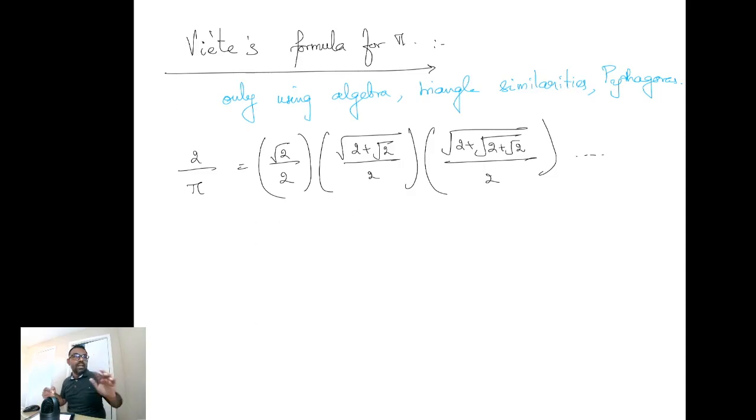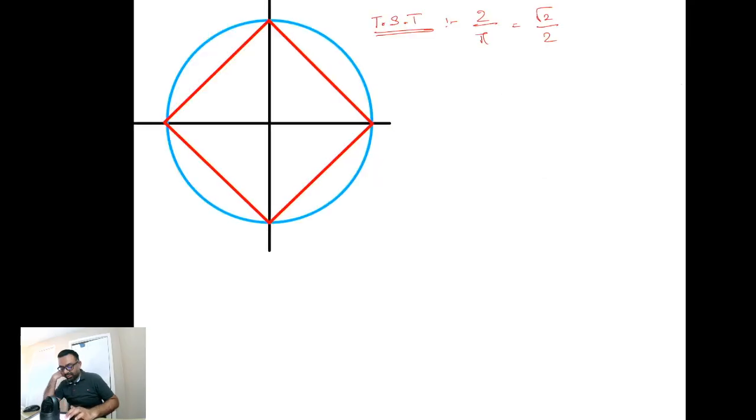Let me say it like that. Okay. So the idea is to keep repeatedly approximating the circumference using inscribed regular polygons. The first obvious answer is to use a square. So the first step is to use a square, and let me assume that the circle has a radius of 1, which means that the circumference of the circle in blue here is 2 pi.